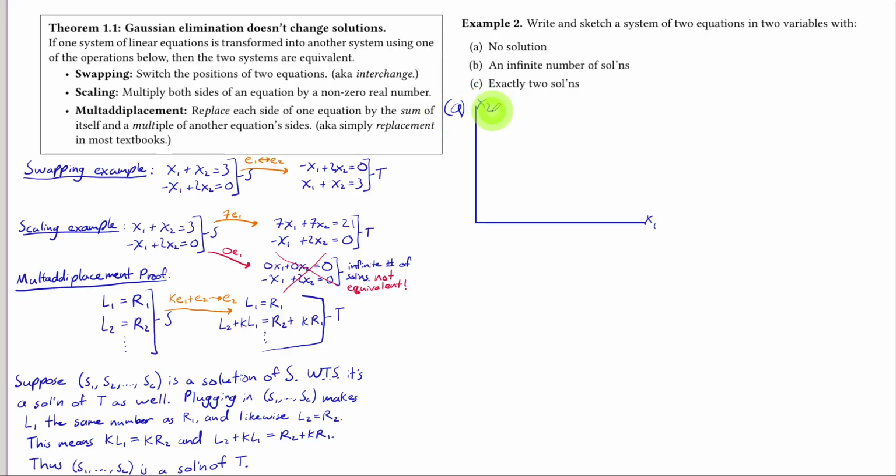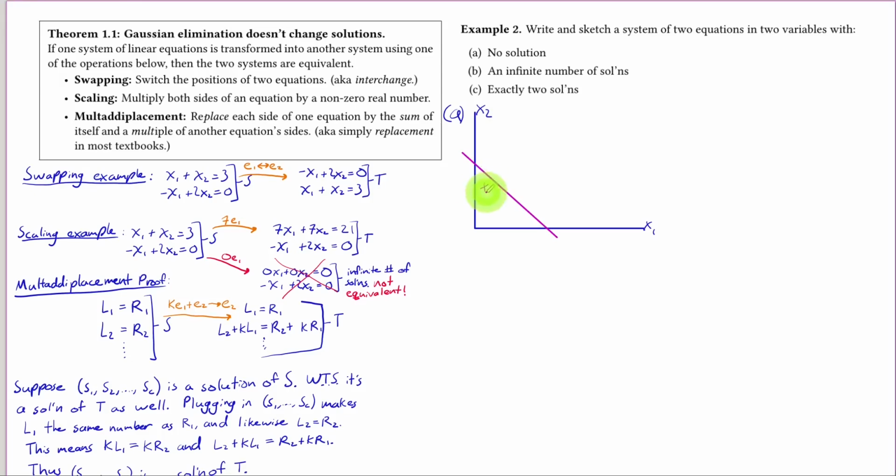And maybe the first equation, let's look at a familiar one. Let's say we have x1 plus x2 equals 3. And we know every point on this line gives you an x1, x2 pair that's a solution of this equation.